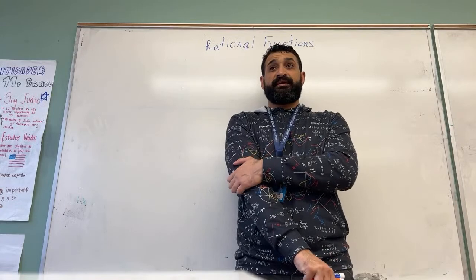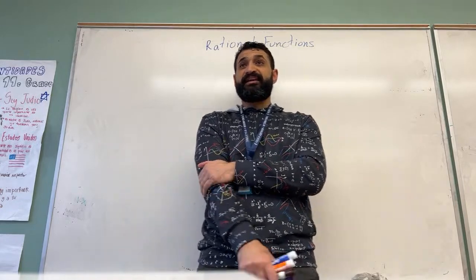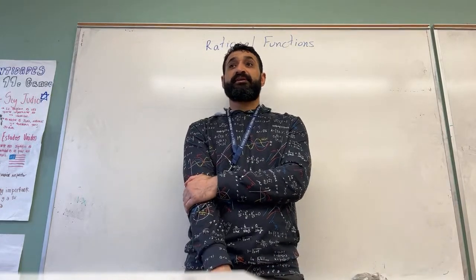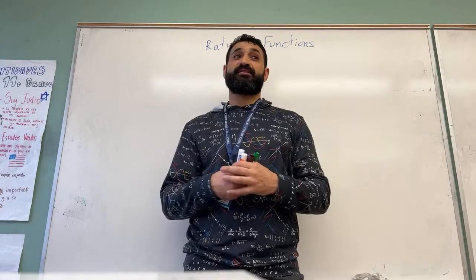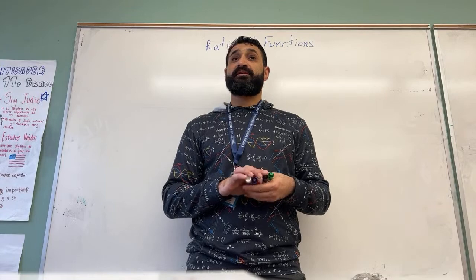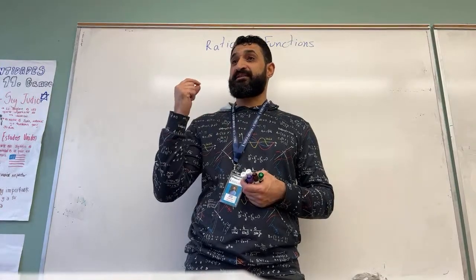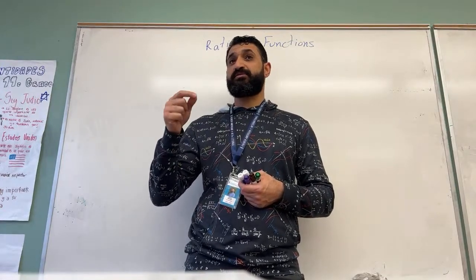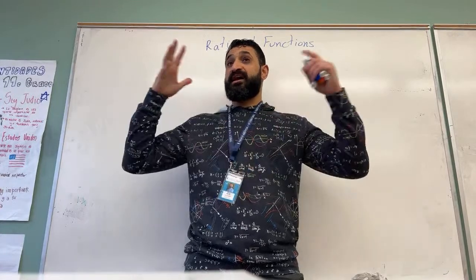You divide by 0.6. What did you notice? Two zeros. 10 divided by 0.00001. The answer is 1 million.